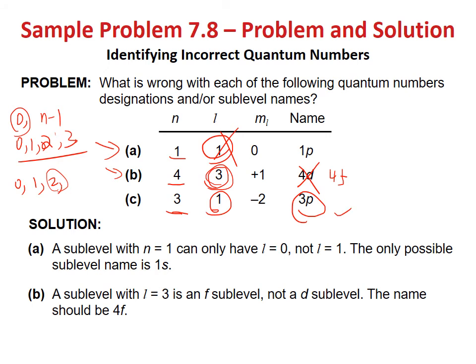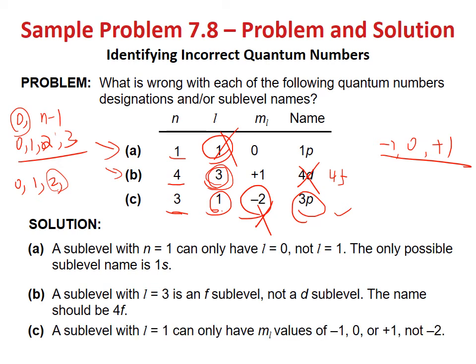And when L equals 1, what are the possible values for m? m can be -1, 0, +1. Okay, and -2 is not one of them, so this is wrong. So for C, the value of m is not right.